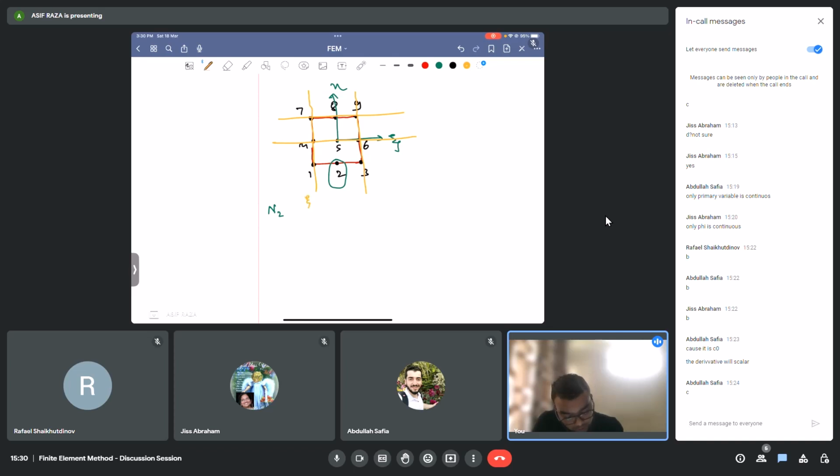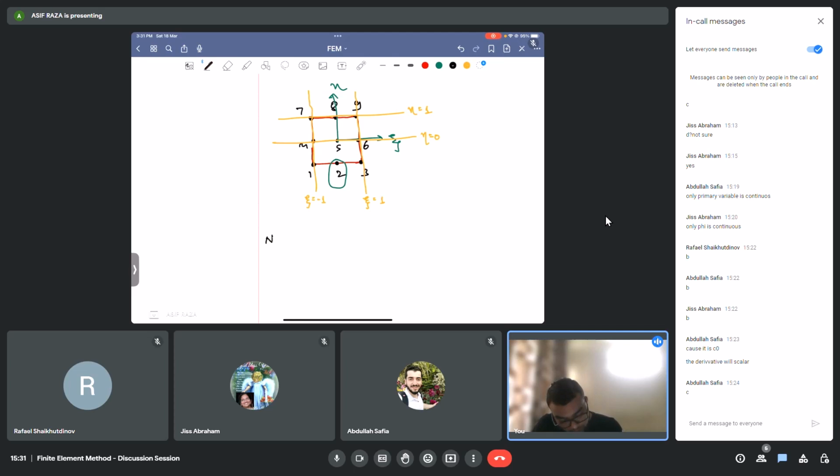This line is with respect to xi equal to -1, this is xi equal to +1, then this is eta equal to 0, and this is eta equal to 1, right? So on these lines, N2 would be equal to 0. Along any of these eta values on this line, the value of N2 would be 0.